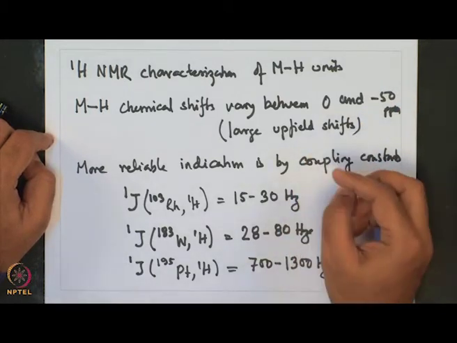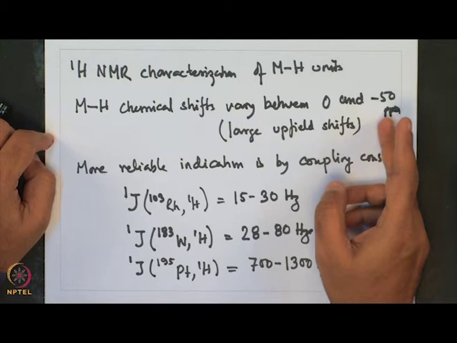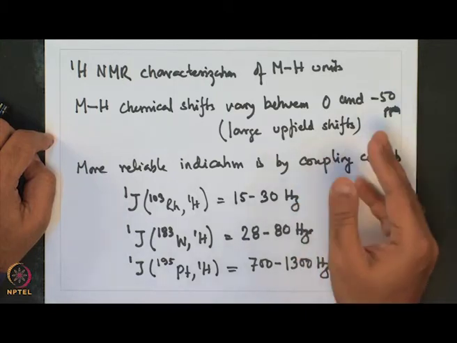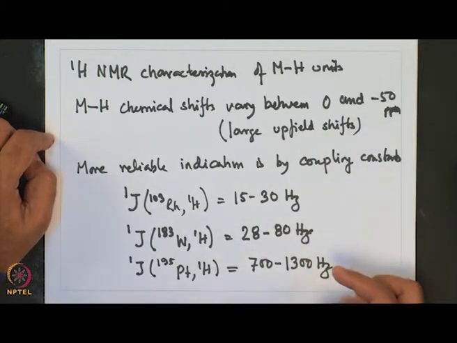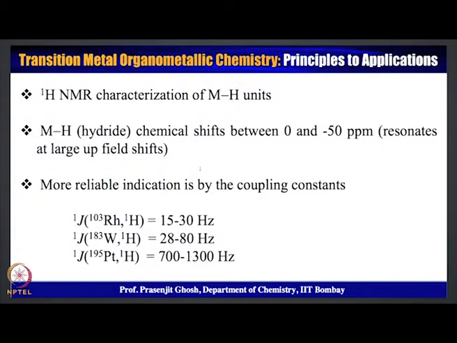The best part of this upfield chemical shift is that no other resonances come so far upfield, because most of the resonances for diamagnetic compounds come between 0 and plus 10 ppm. So, the window from 0 to minus 50 is almost empty for almost all compounds, and from that perspective it is a very easy and useful place to detect the transition metal hydride chemical shift.